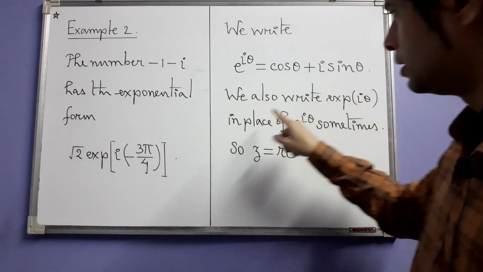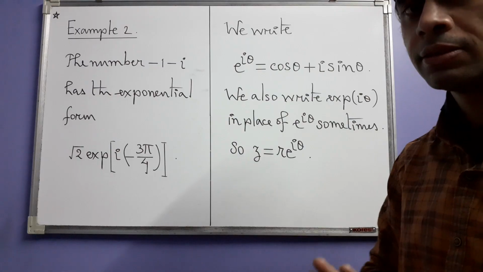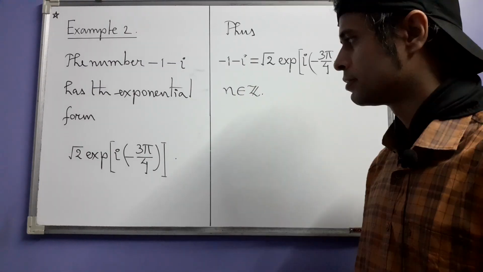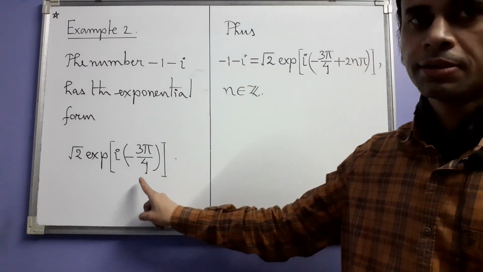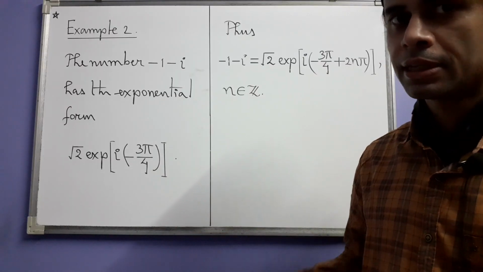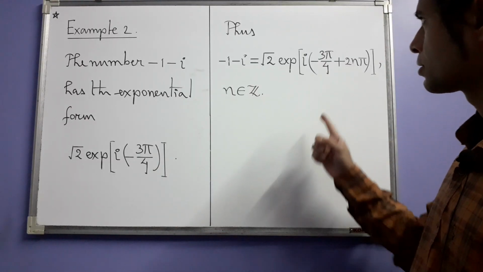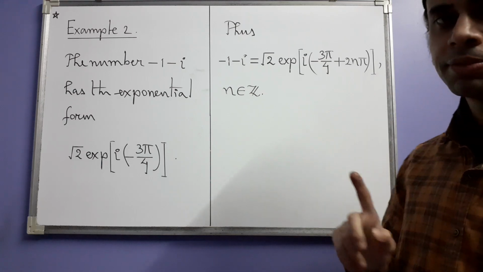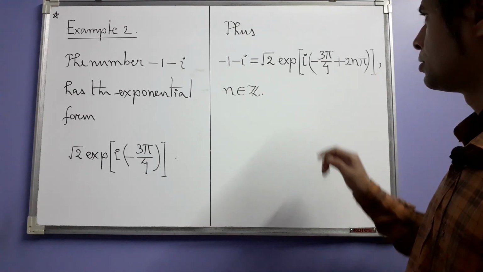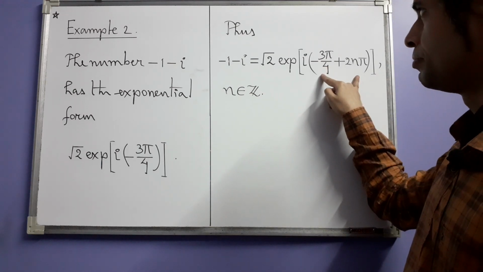So that's why we need this other alternate notation sometimes. So if instead of the principal argument you decide to use some other argument, then any argument looks like this in terms of the principal argument that we already know. So you can use this one instead.